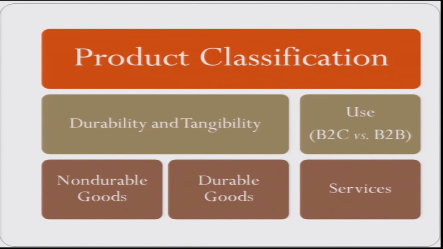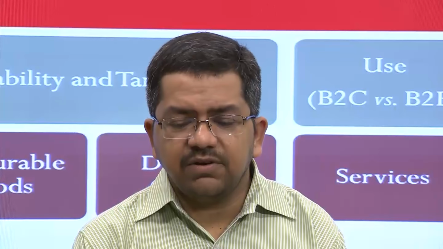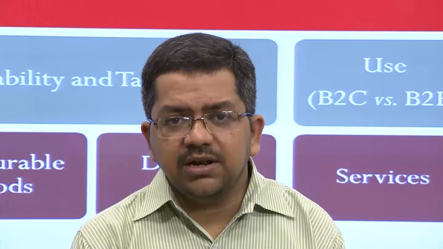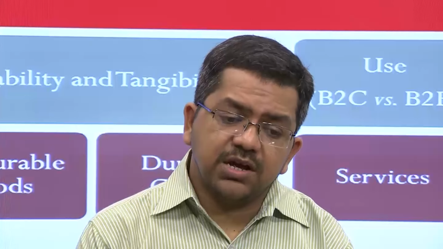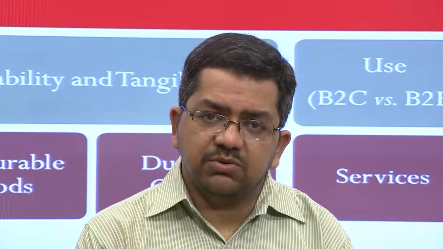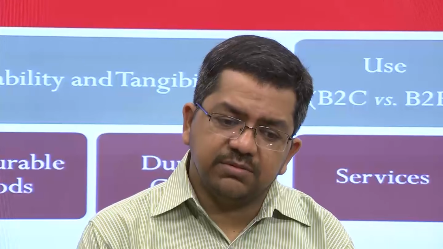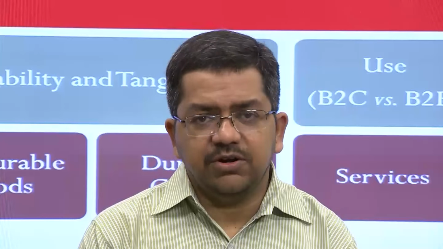So, non-durable goods are tangible goods, but they have a limited shelf life, and generally you will see that they are purchased on a regular basis. So, those are basically products like clothes or food items, they come as non-durable products.